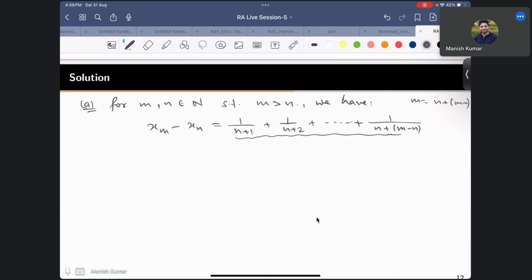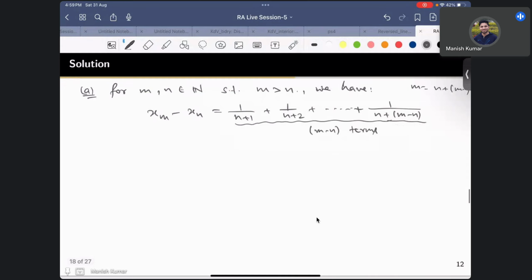Then you can see that it has m minus n terms, because this is the first term, this is the second term, and this is the m minus nth term. Let me write the last term, which is equal to 1 by m.